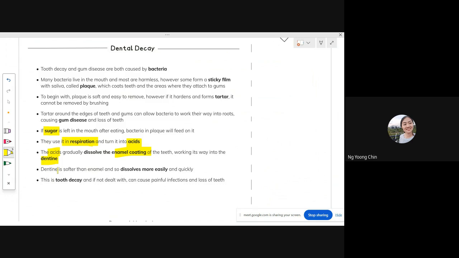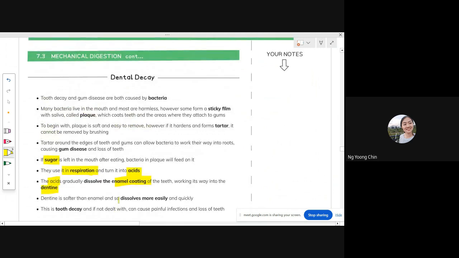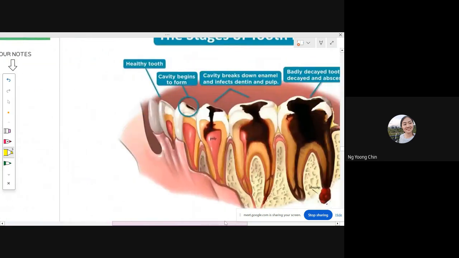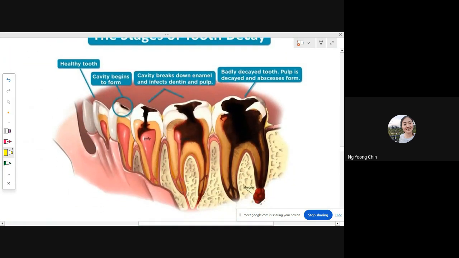So whenever the tooth decay reaches the dentine, it will cause the dentine to dissolve very easily and quickly. So very fast, it will reach the inner part, the pulp cavity. Because the pulp cavity contains what? It contains the nerve, right? Nerve and blood vessels. So it will cause a severe toothache, like this. Okay, so from the enamel, it reaches the dentine and the pulp cavity until it reaches the nerve.